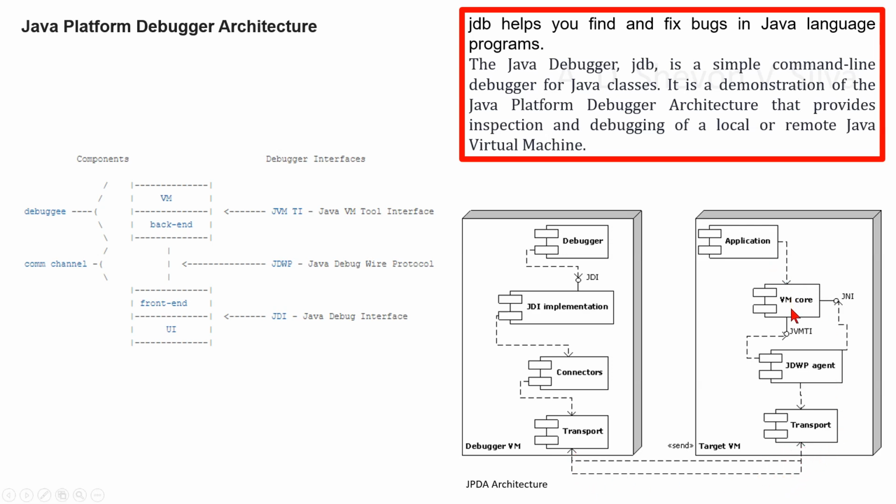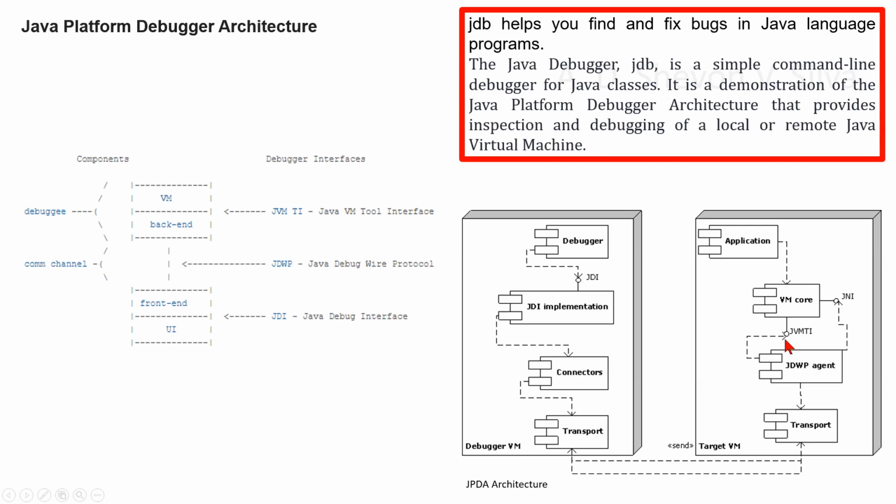Application, VM core, JDWP agent, and transport are inside the target VM here. The application is connected to the VM core. The VM core is connected to JVM TI.